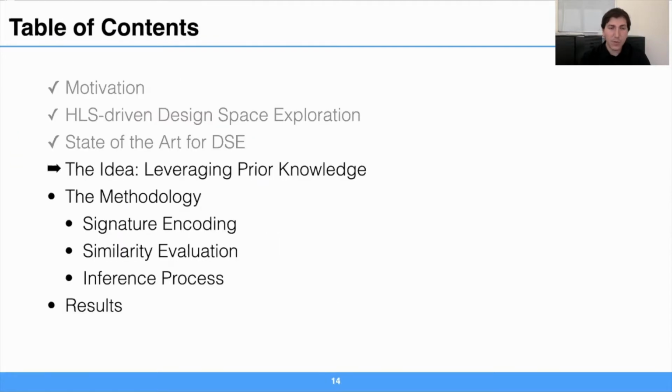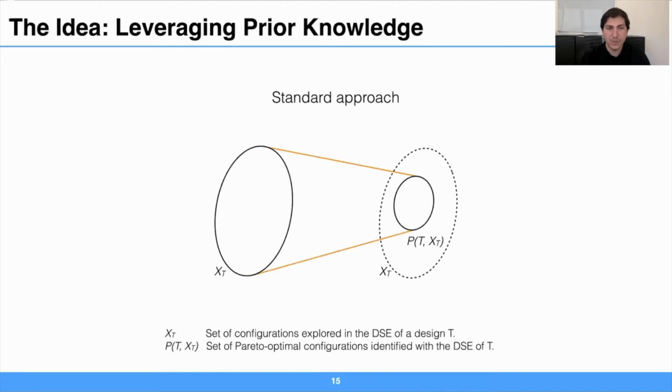The idea we are proposing is to leverage prior knowledge from a set of already performed design space explorations. So in the standard approach, when we have to perform a design space exploration, the designer defines a configuration space, which is the set of all the configurations that we want to consider during the design space exploration.